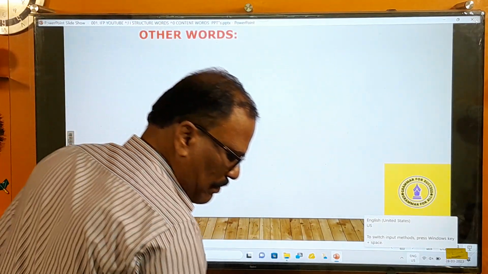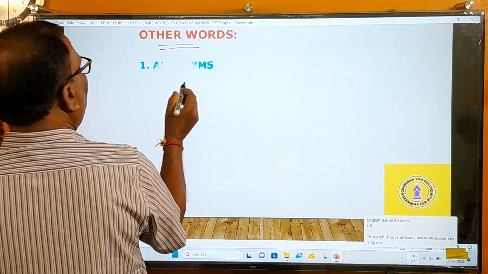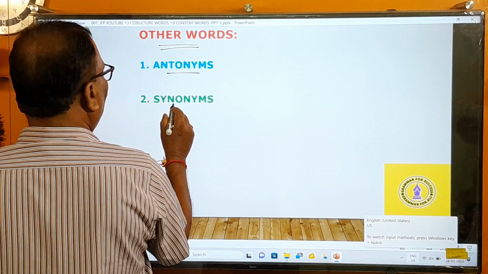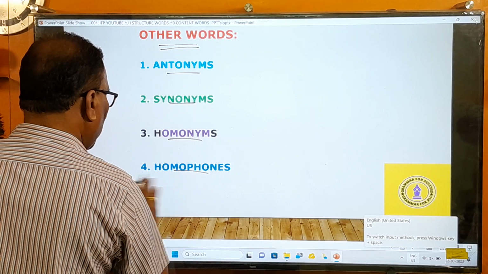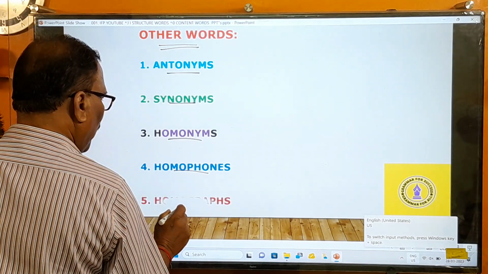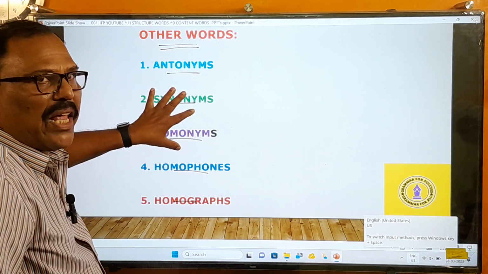What are the other kinds of words in the English language? Antonyms, synonyms, homonyms, homophones, homographs. These are the other words in the English language.